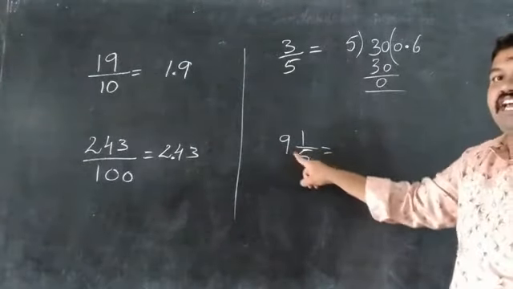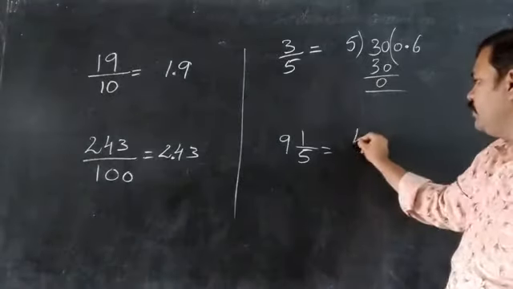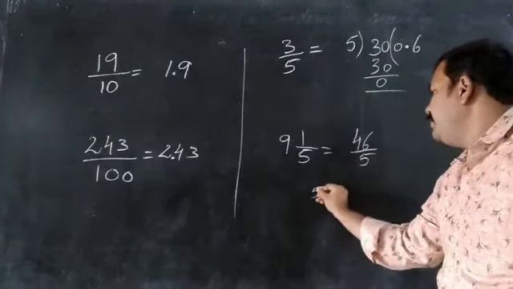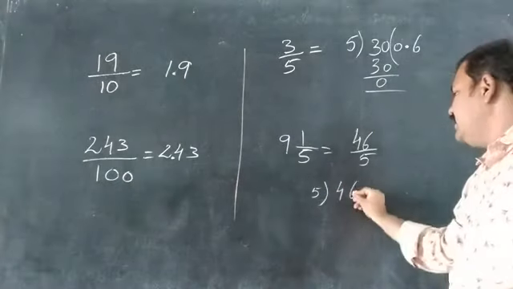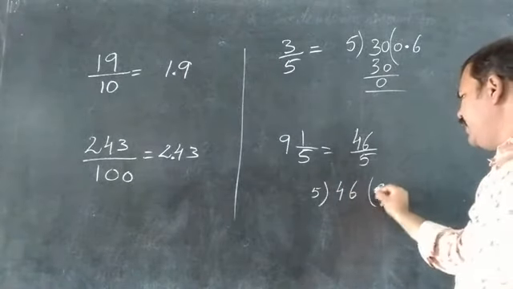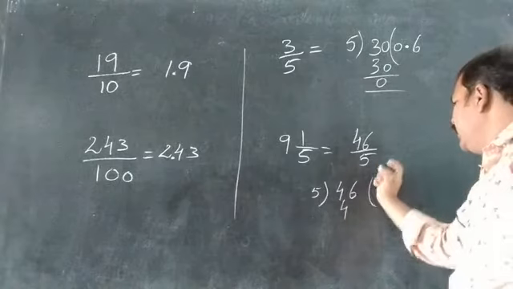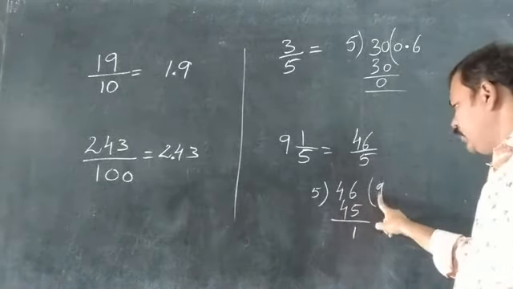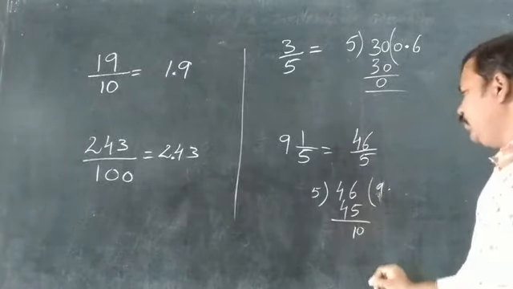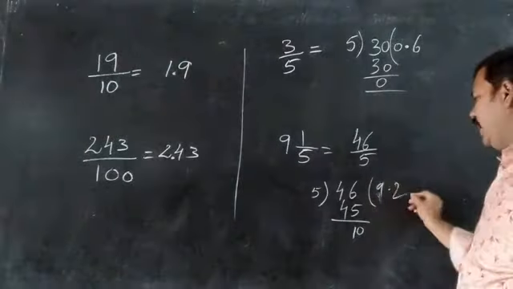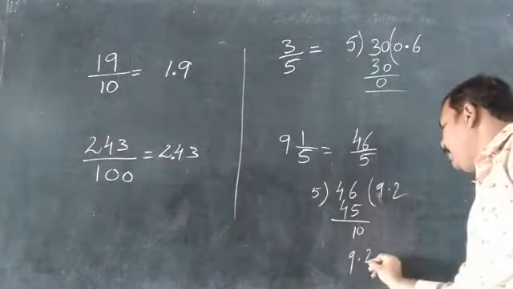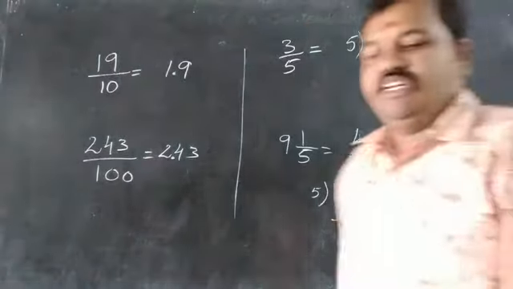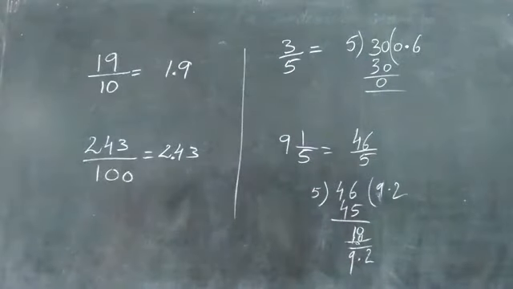Changing into an improper fraction, 9 fives are 45 plus 1, 46 over 5. Divide 46 by 5. 5 nines are 45, remainder 1, put a point, 0, and the answer is 9.2. Like that we have to change. This is about the decimal form.